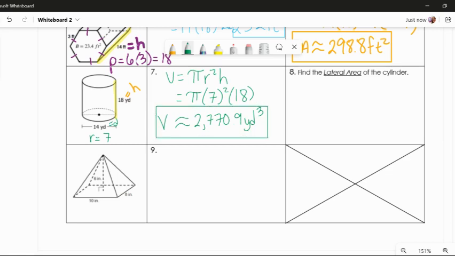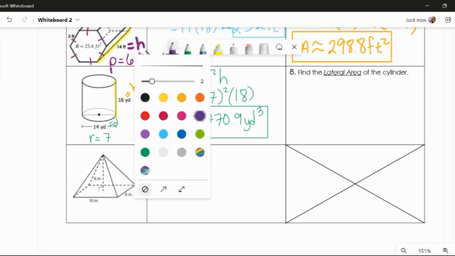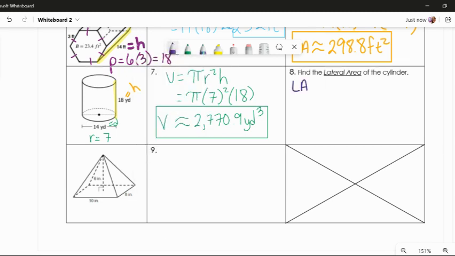Then it says find the lateral area of the cylinder. They want the lateral area of the cylinder. So let's give that a try. Pick another pretty color. Okay, lateral area of a cylinder is 2 pi r h. So that's 2 times pi. We said our radius was 7 and the height of the cylinder was 18.